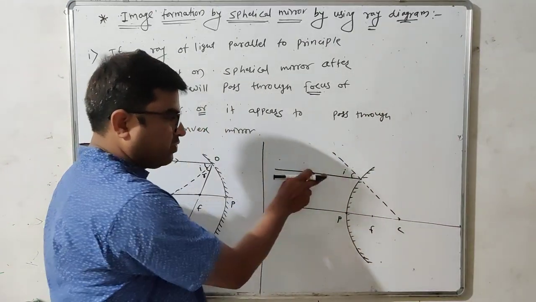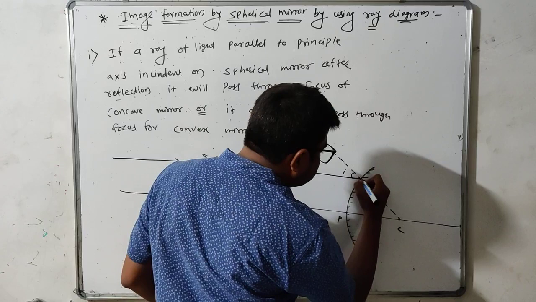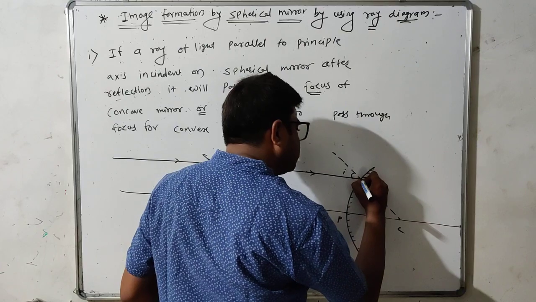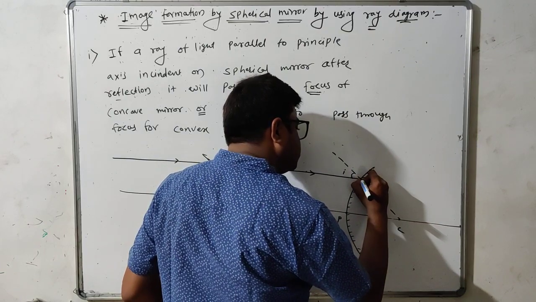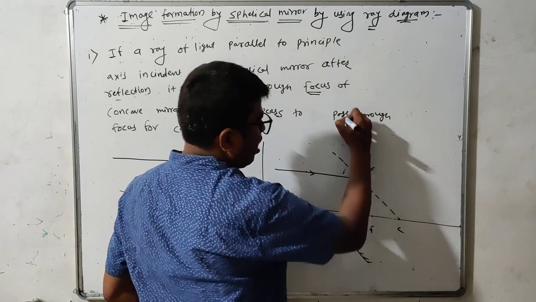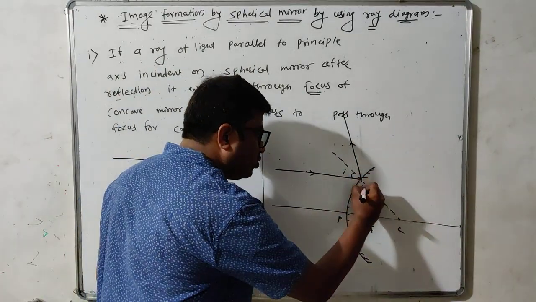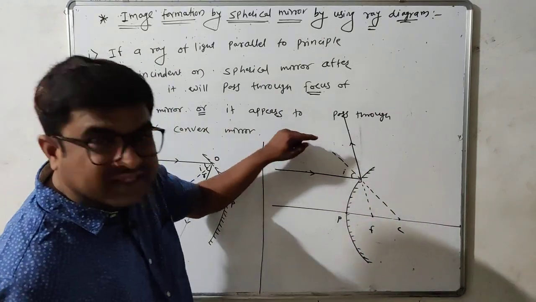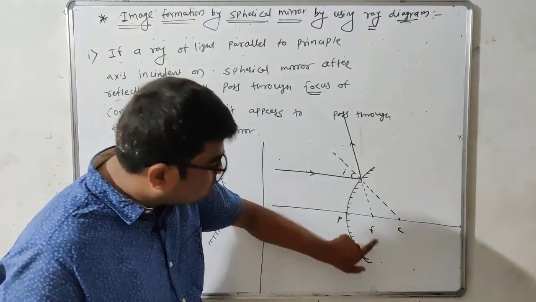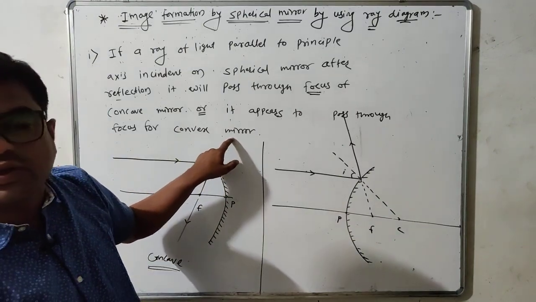Therefore this ray will be reflected by this convex mirror such that the angle of reflection will be the same as the angle of incidence. Therefore this ray will be reflected by this convex mirror like this, so that it appears to be coming from this point. Actually this ray is reflected from this point, but it appears to an observer to be coming from this point, the focus, as we write here.